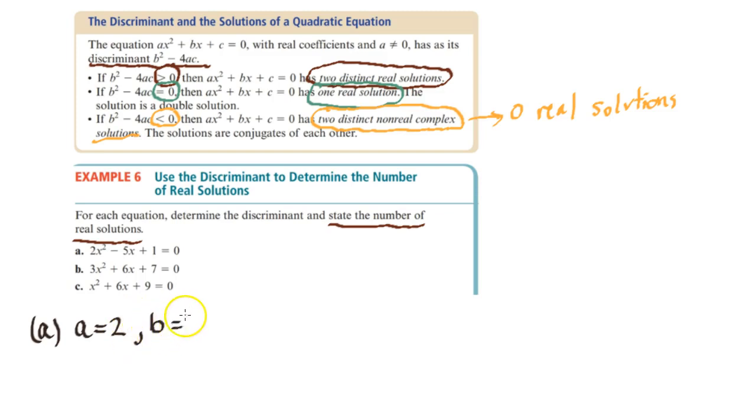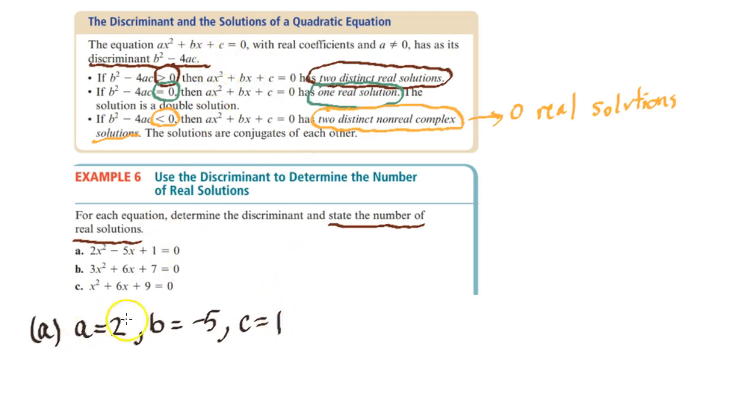B is the number in front of the x, and remember the negative comes along with the 5, so you want to look at the sign in front of the number. So we have negative 5, and then we have c equals positive 1. It's the constant.